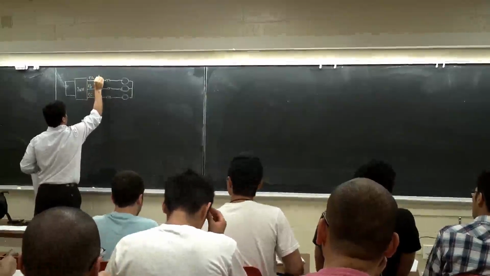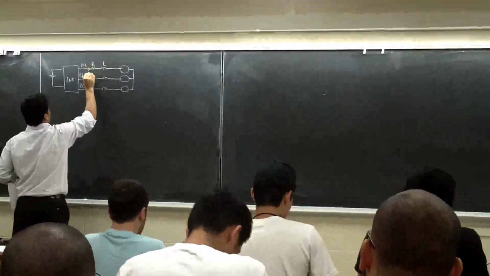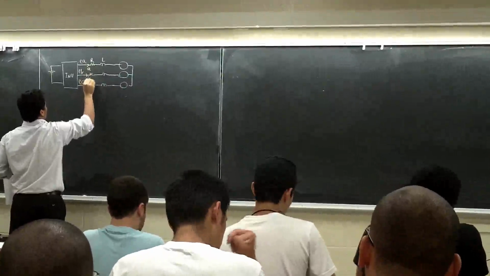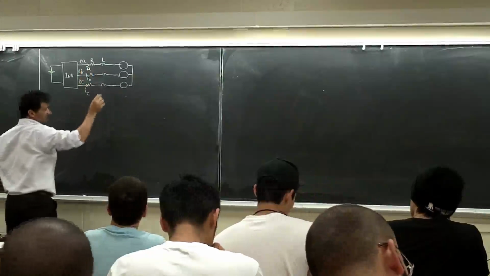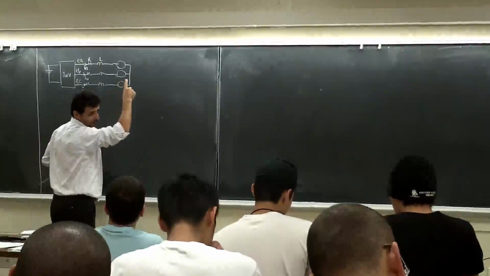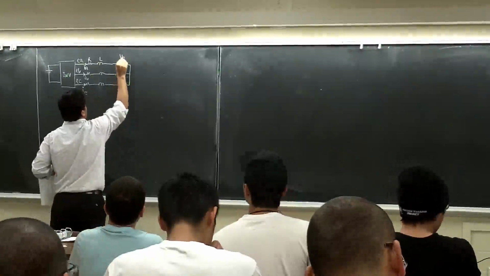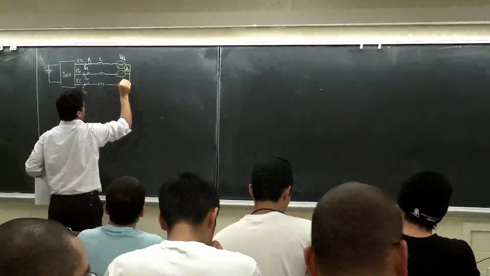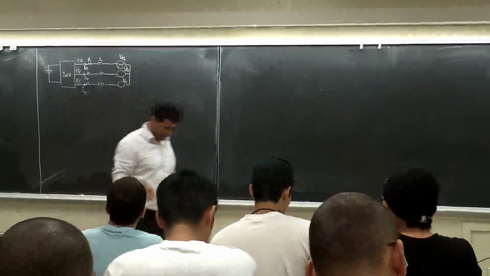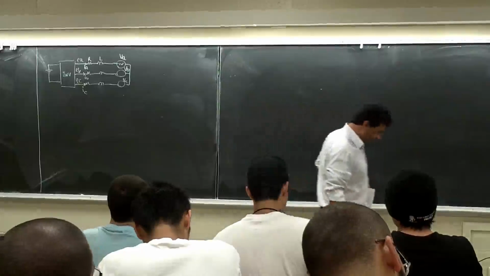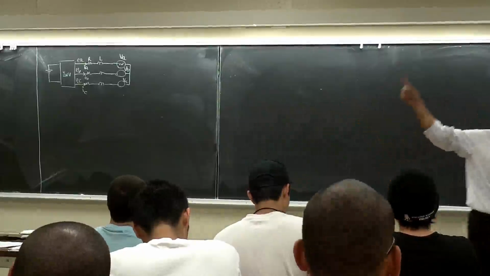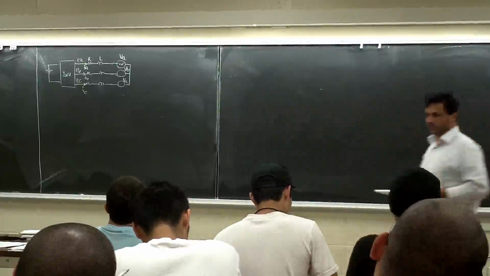I put this one RL, IA, IB, IC. Then call this one VA, VB, VC. We did all the DQ transformation and all those kinds of things. My intention is to come up with the DQ equivalent of this system, and we will use it before the block diagram.